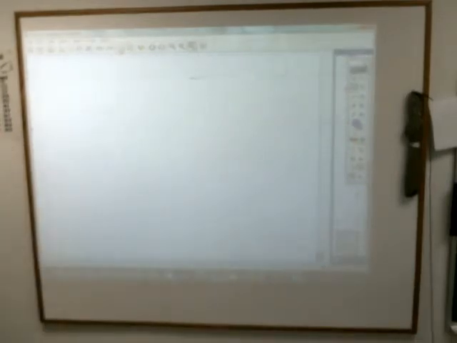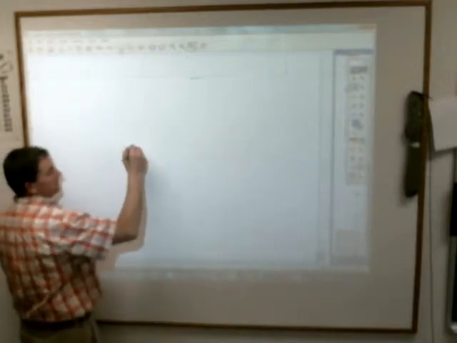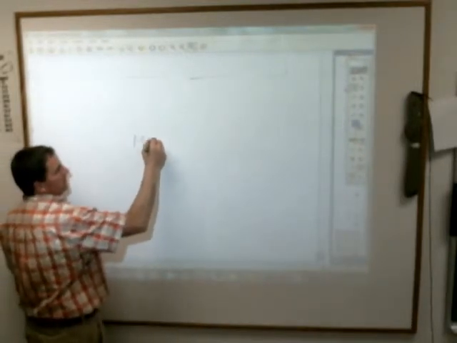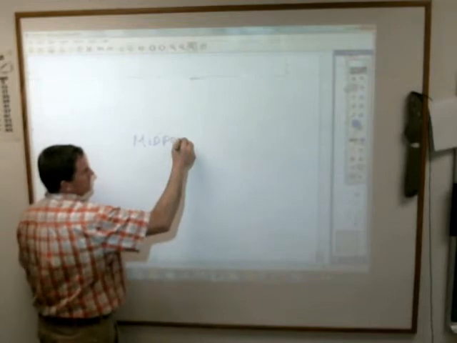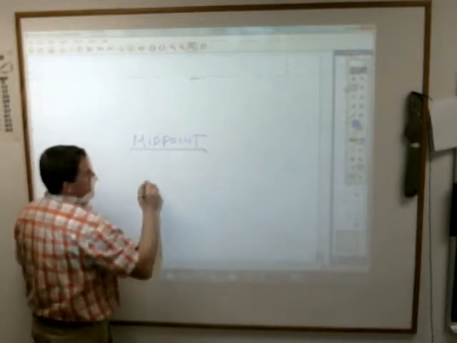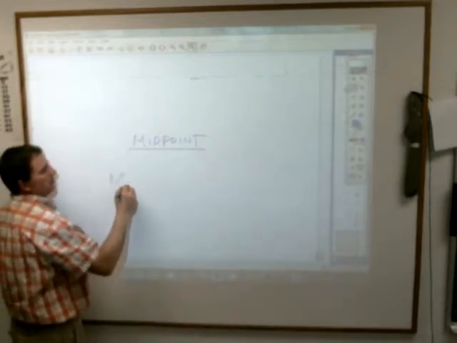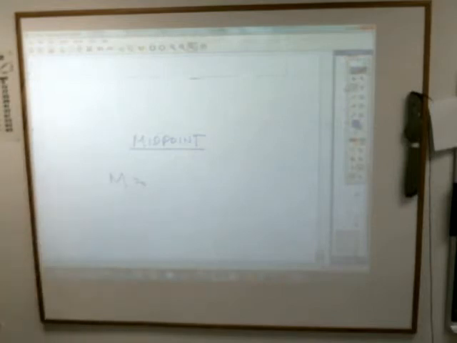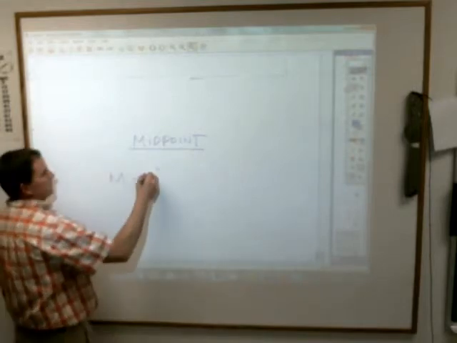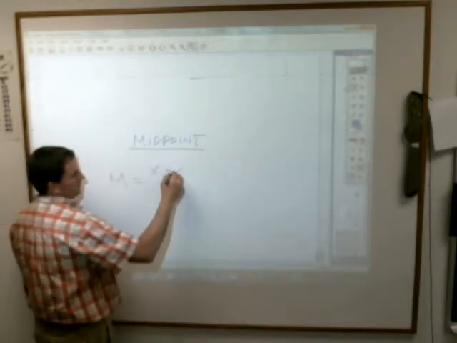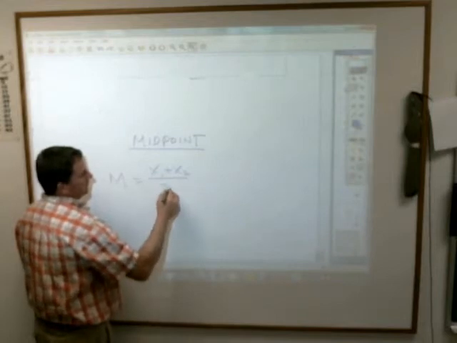Now the midpoint formula. That was the distance one. The midpoint formula is this. Midpoint equals x sub 1 plus x sub 2 over 2, comma, y1 plus y sub 2 over 2. This only makes sense if you think about it, but we're not real big into thinking.